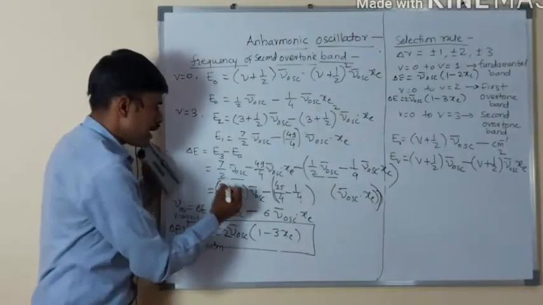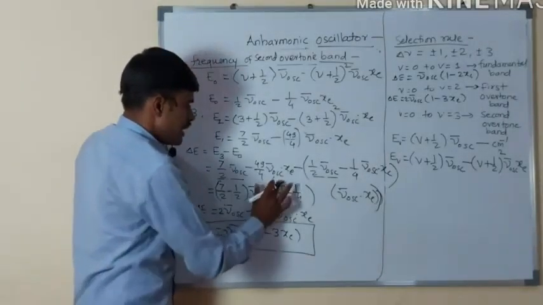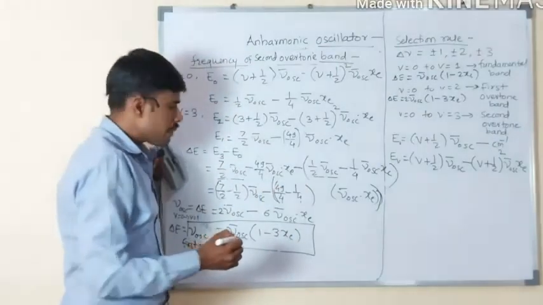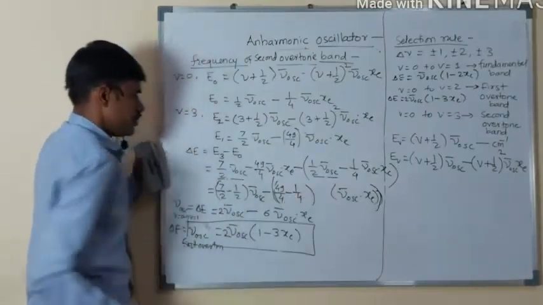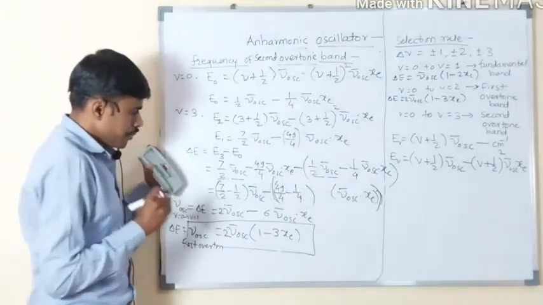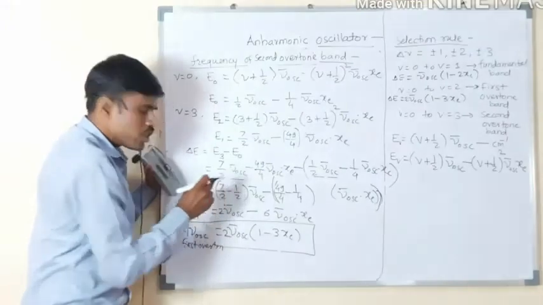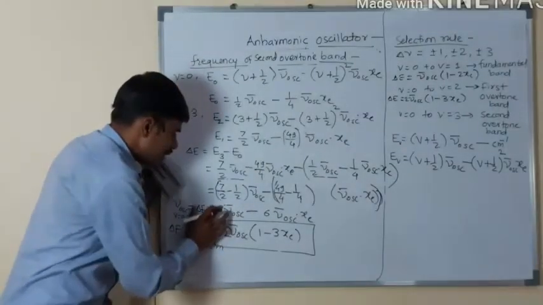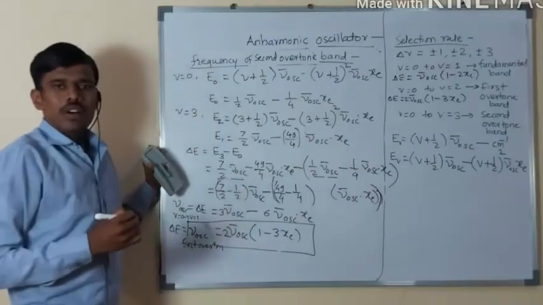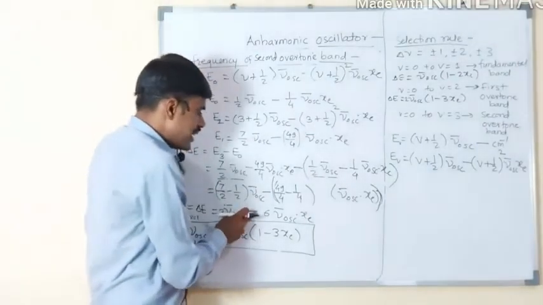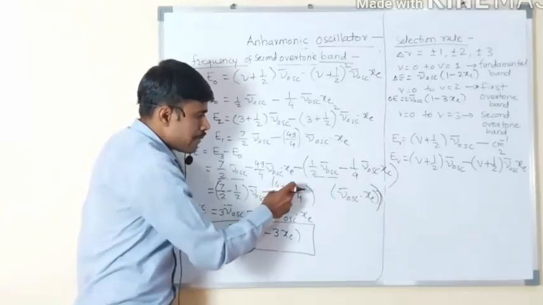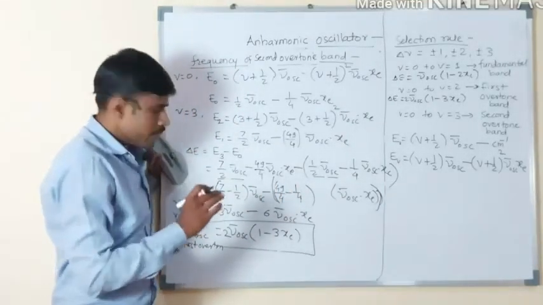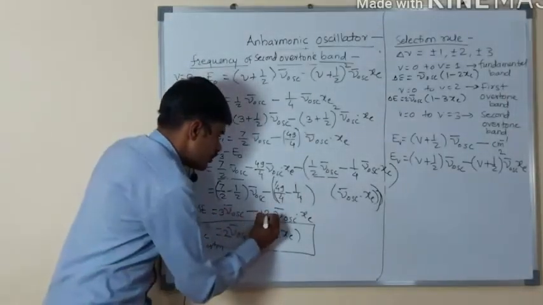So 7/2 minus 1/2, similarly 49/4 minus 1/4. 7 minus 1 is 6, 6 by 2 is nothing but 3 ν̄ of oscillation, minus 49 minus 1 is 48, 48 divided by 4 is 12.